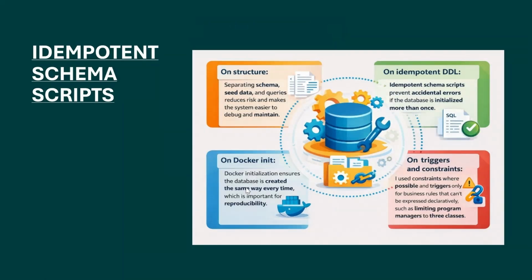With the Docker initialization, it will ensure that the database is created the same way every time, which is very important for reproducibility. And the idempotent schema scripts will prevent accidental errors if the database is initialized more than once.